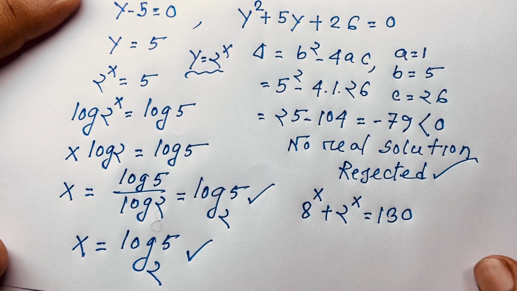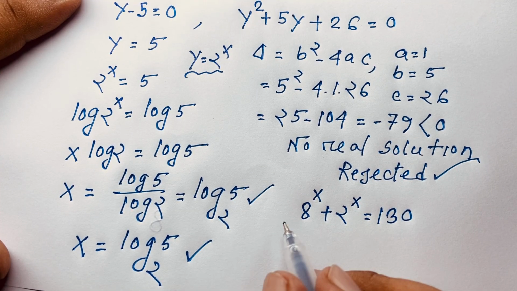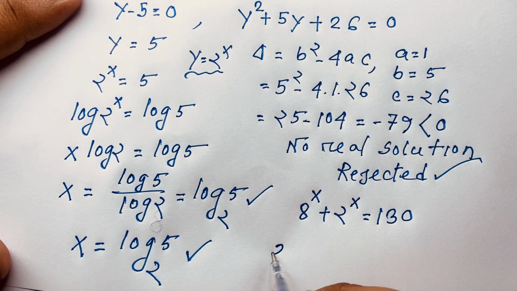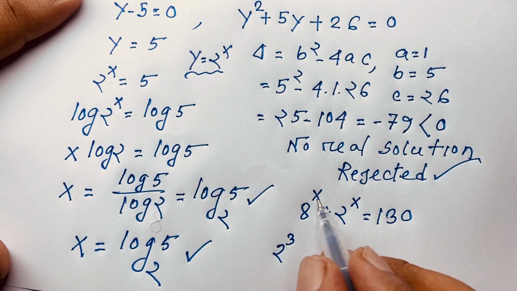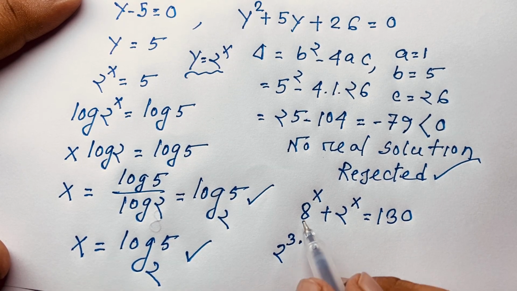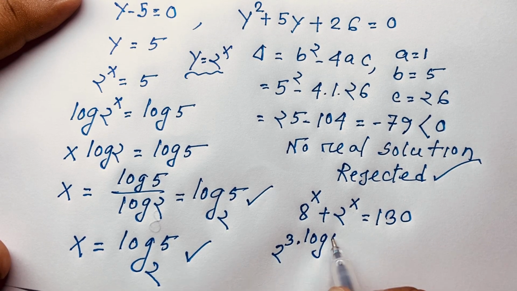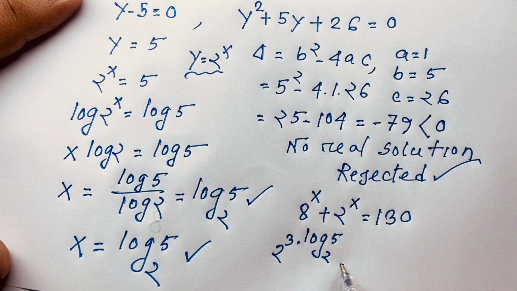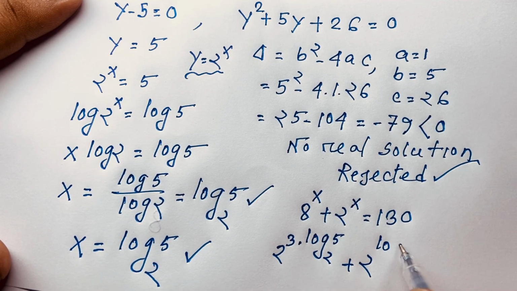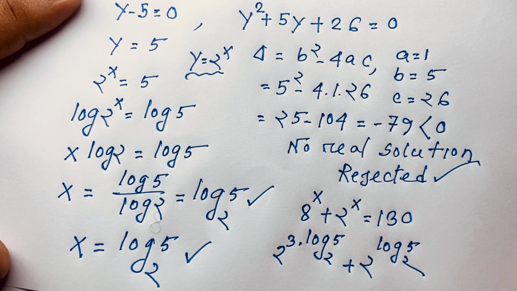This is our question. Now at this moment, I take this 8 as 2 to the power 3, and here is x. So this 2 to the power 3 is 8. But this x will be log 5 base 2, and here 2 to the power log 5 base 2.